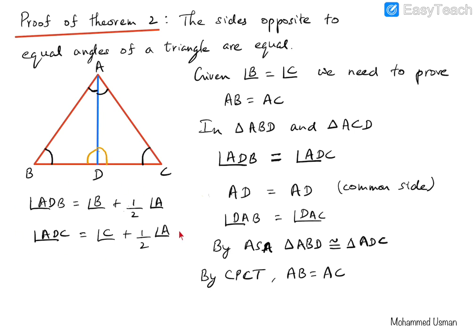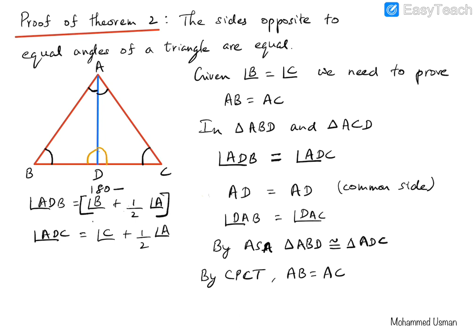Okay, to prove this, we have used the fact that the sum of all the angles inside a triangle is equal to 180 degrees. Since the sum is equal to 180 degrees for all the interior angles, this expression over here should have been 180 minus angle B plus half of angle A. I forgot to write the 180 here, so it is 180 minus this part.